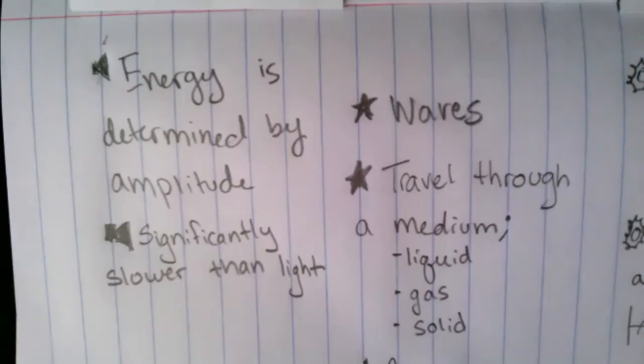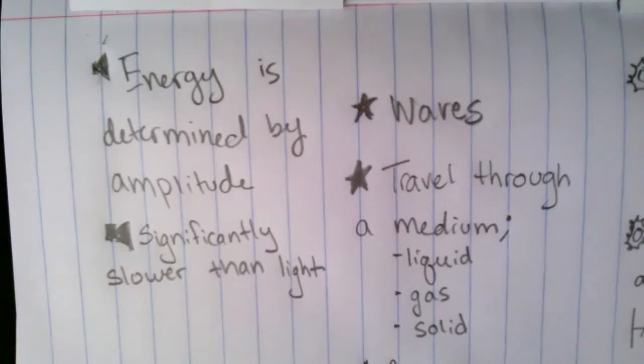There's some truth to that, and it's because light is so much faster than sound. So if you're really far away from a lightning strike, you're going to see it, and it's going to take a good amount of time before the sound of all of that discharged energy reaches you. Okay, so sound is significantly slower than light.